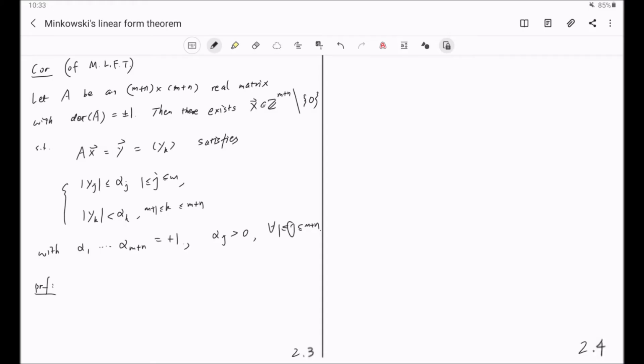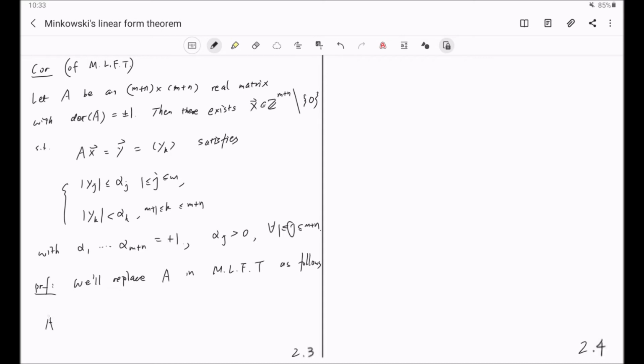The trick is that we are going to replace A in Minkowski's linear form theorem as follows.